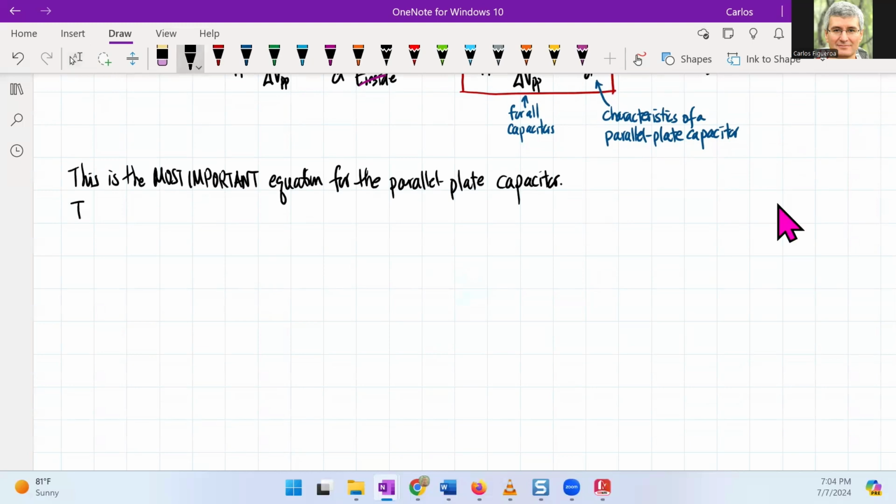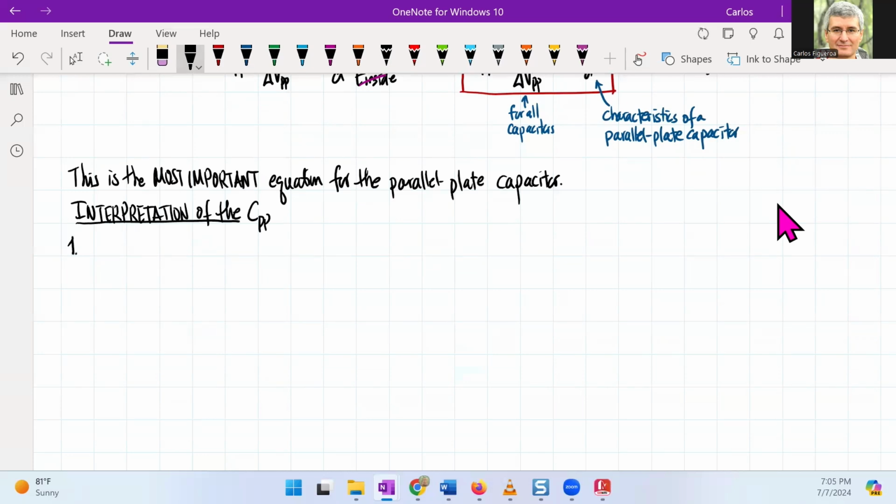So now let's talk about the interpretation of the capacitance of the parallel plate. When I look at this, what I'm paying attention to is not charge over voltage, even though that's correct.